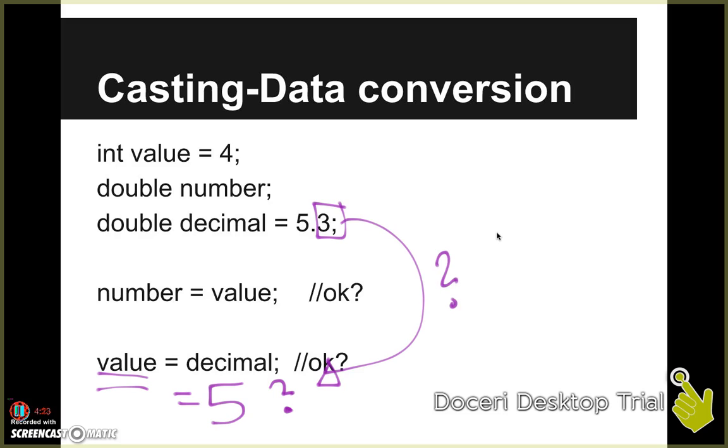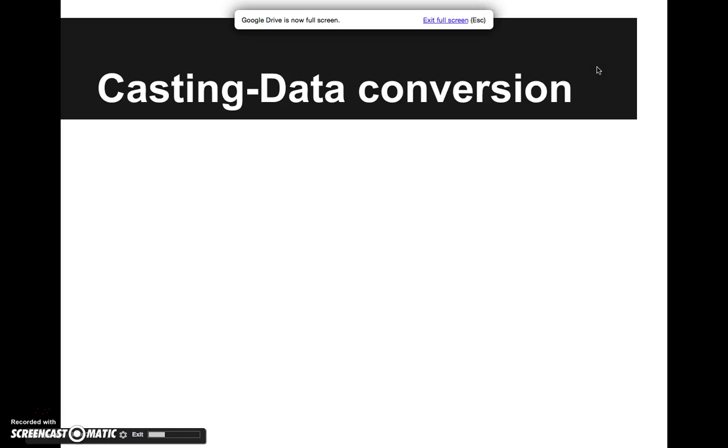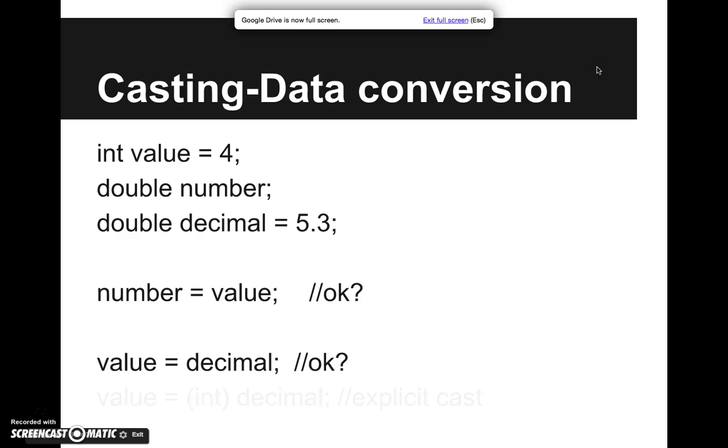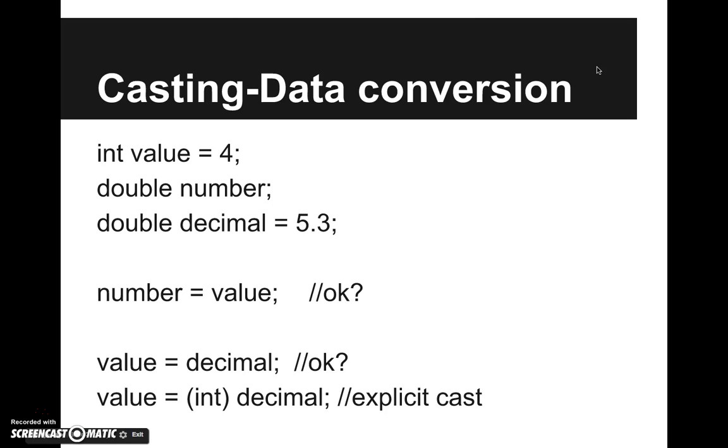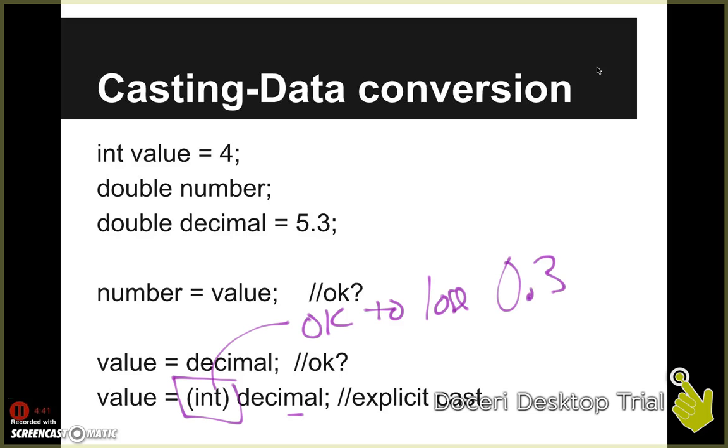So this piece here is going to be our cast. So this says it's okay to lose, right, the 0.3, and we should be left with at this point 5.